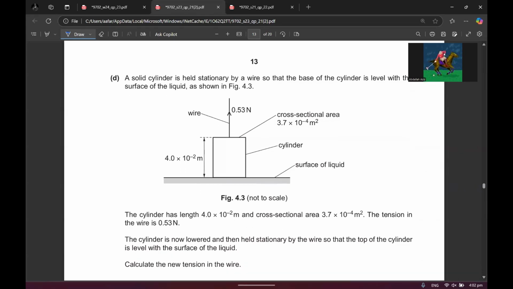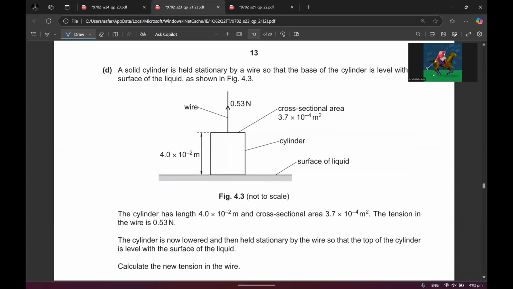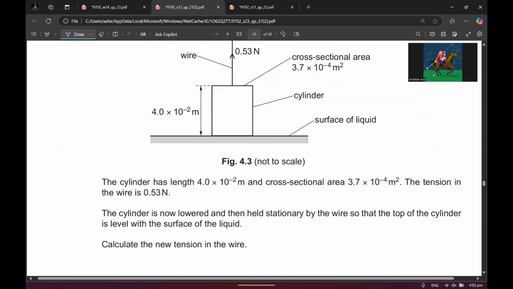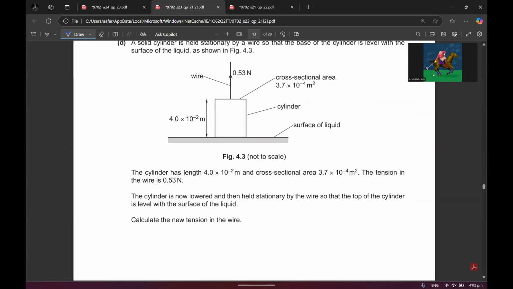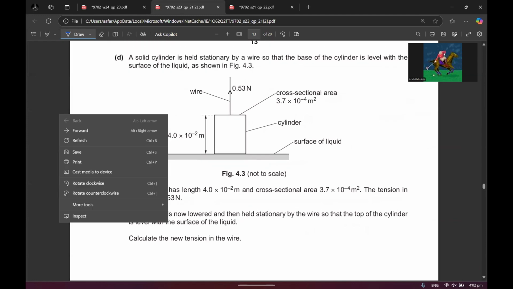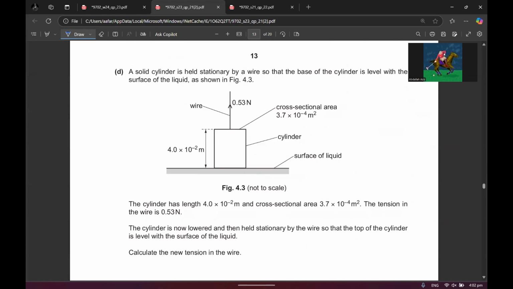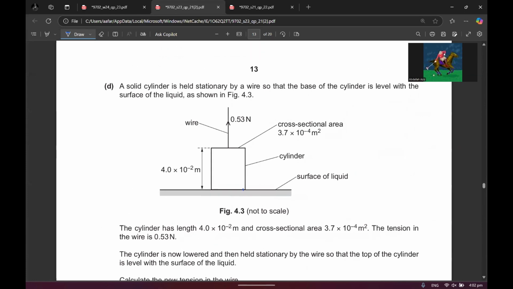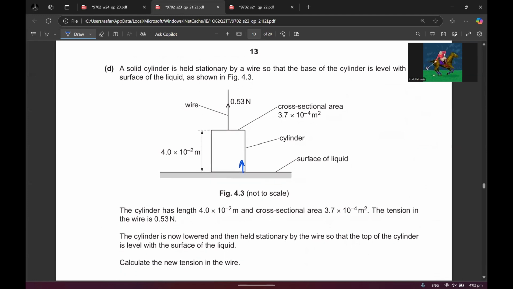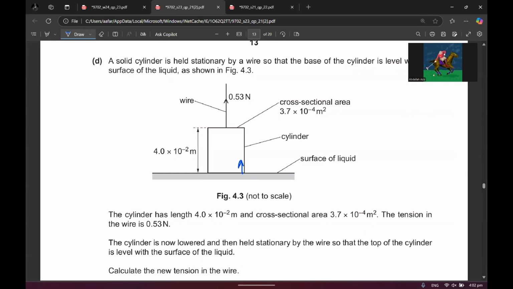Okay. So basically, we know that when the cylinder is resting on the surface of the liquid, there will be a force, basically the upthrust.